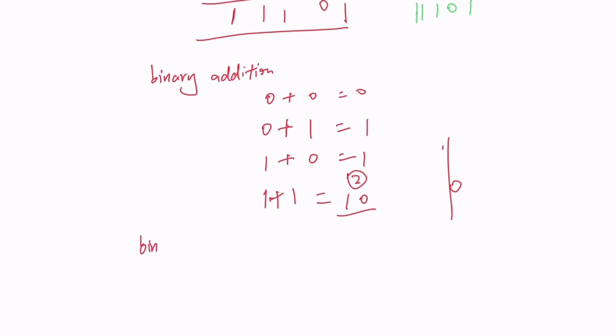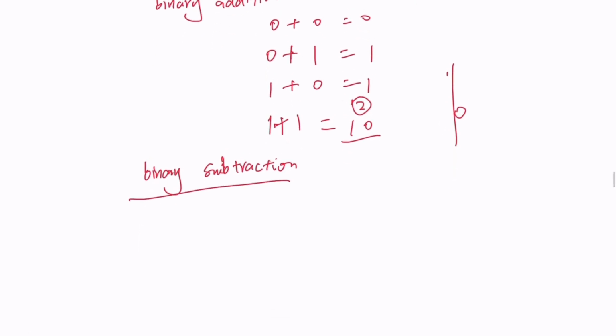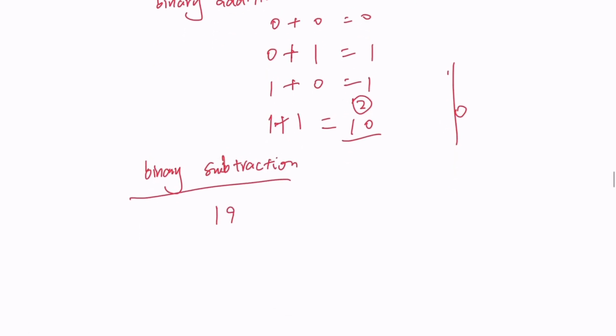Let's look at binary subtraction. It's kind of similar to the decimals. Let's say we have 19 minus 11. We have 9 minus 1 is 8, and 1 minus 1 is 0, so 19 minus 11 is 8.